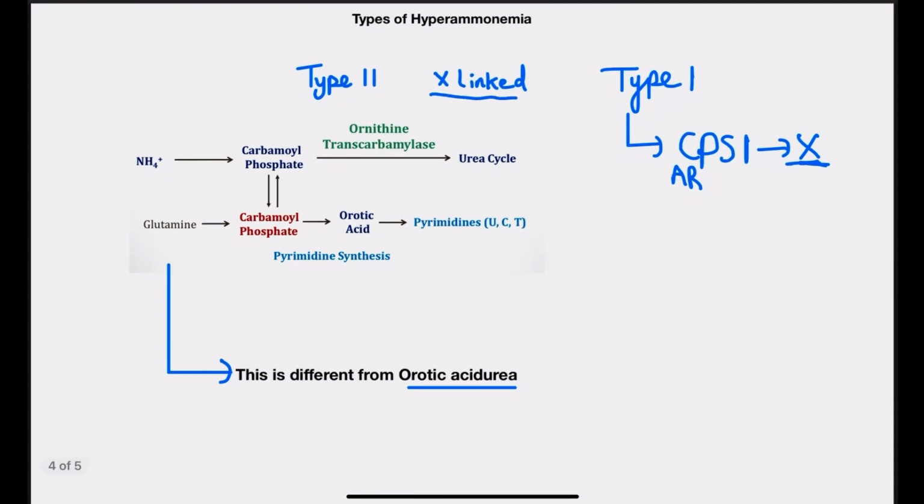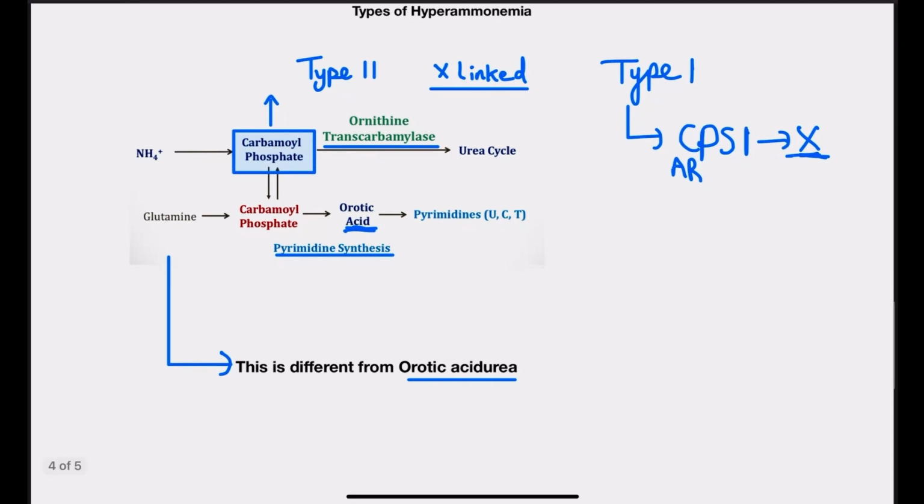Type 2 hyperammonemia is X-linked. So we have a deficiency in the enzyme ornithine transcarbamylase, and when we have a deficiency in that, we have accumulation of carbamoyl phosphate. With accumulation of this intermediate product, where does it go? It goes in chunks into the pyrimidine synthesis pathway, and then we can form orotic acid, and at the end we form pyrimidines.